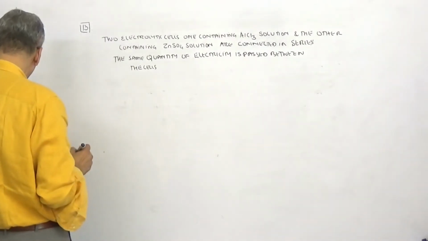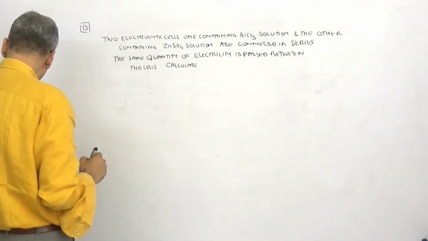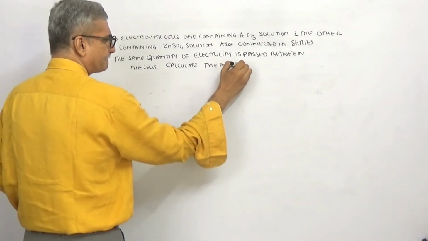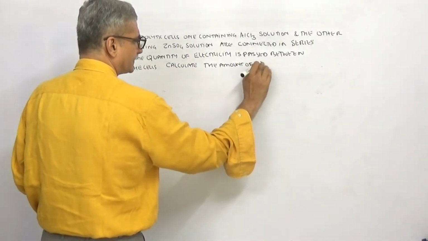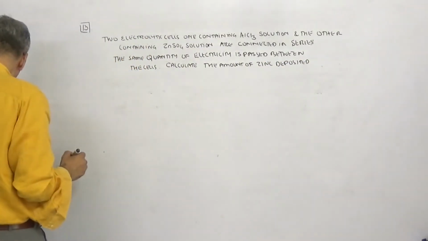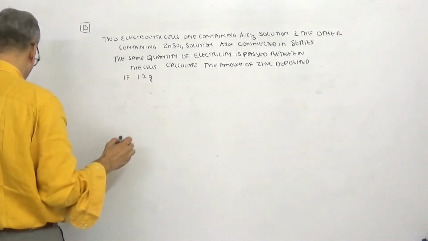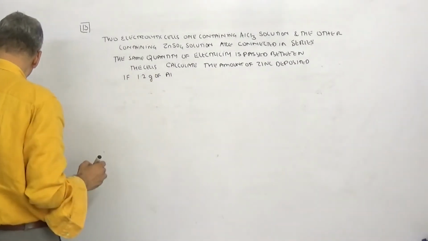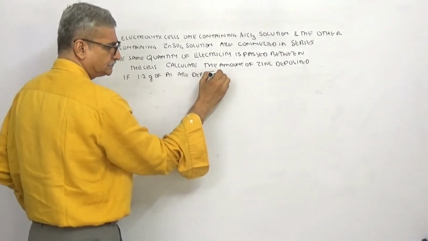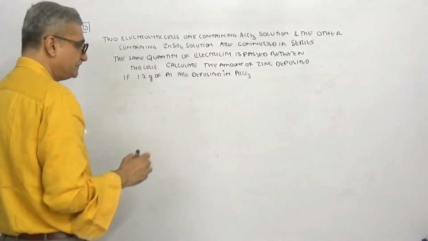So what happens? Calculate the amount of zinc deposited if 1.2 grams of aluminium are deposited in aluminium chloride cell.